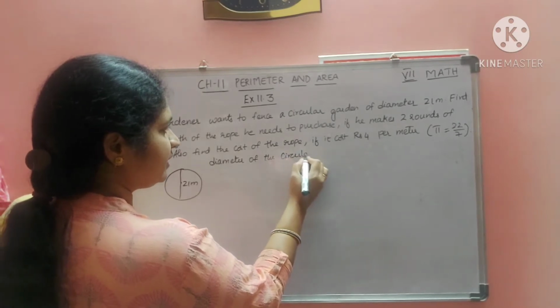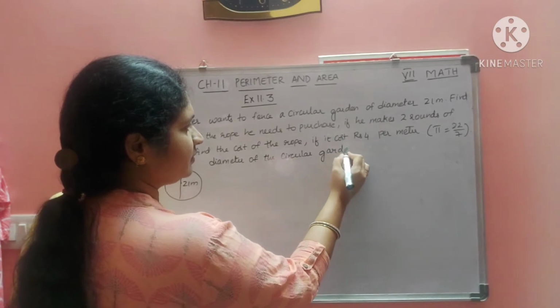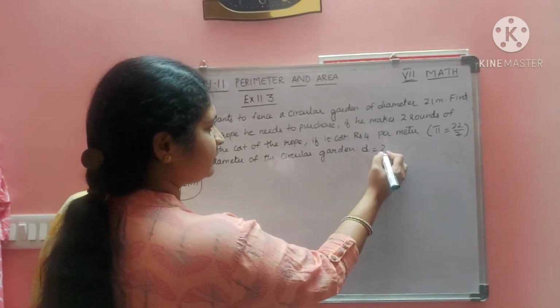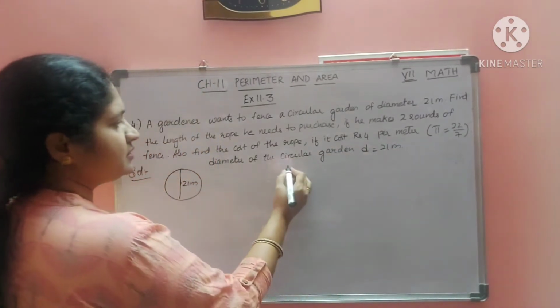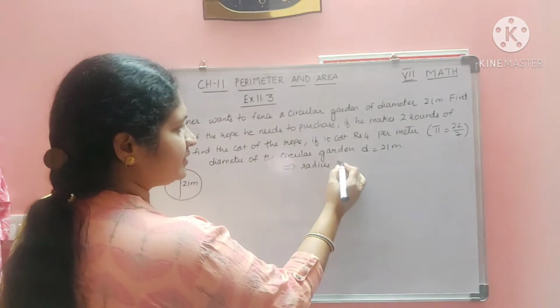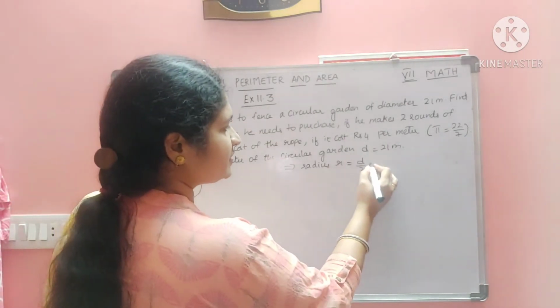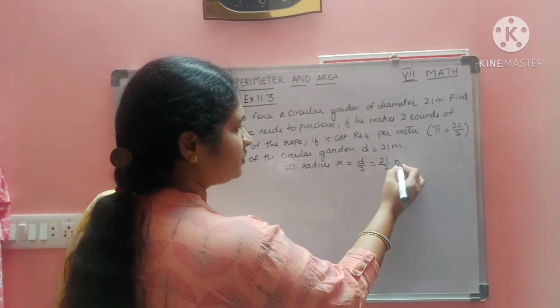Diameter of the circular garden is equal to 21 meters. So which implies radius r is equal to d by 2, which is equal to 21 by 2 meters.